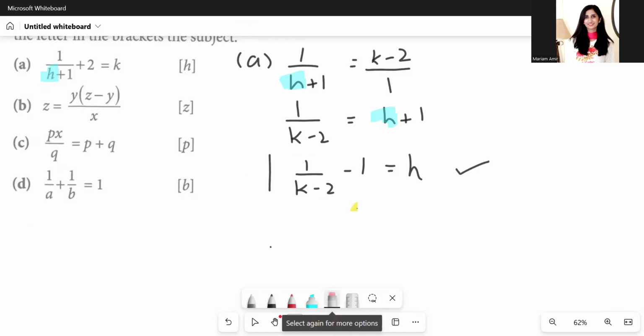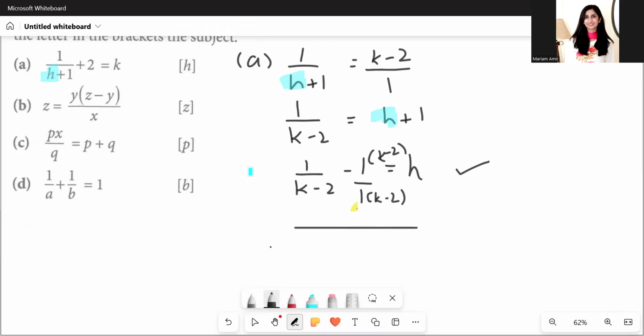Let's do the extra step. Then what you'll do, you'll make the denominators the same. So you'll multiply this with k minus 2 and this with k minus 2, like we learned in the last exercise. So 1 minus bracket k minus 2 over k minus 2 equals h.